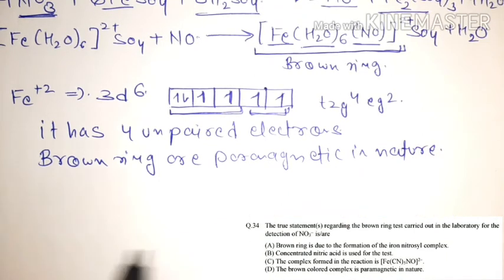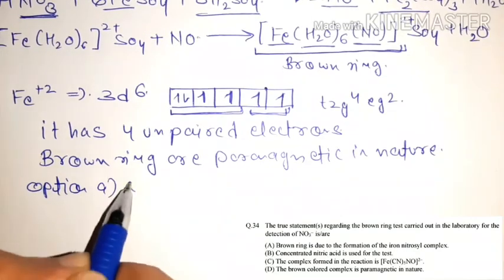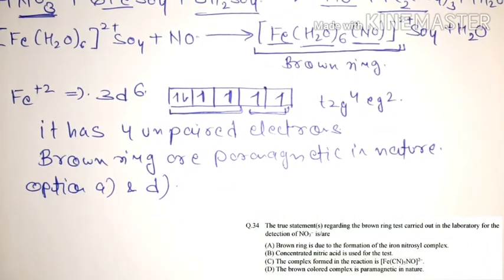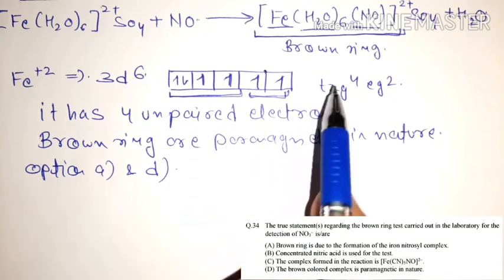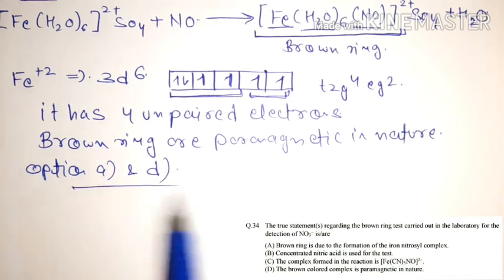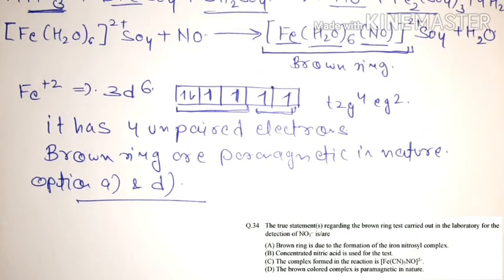So in your multiple select question, options A and D are the correct answer. A says the brown ring is due to the formation of iron nitrosyl complex, which is a right answer, and option D says the brown color complex is paramagnetic in nature, which is also a right answer. Understood, friends? Okay, so this is your solution.